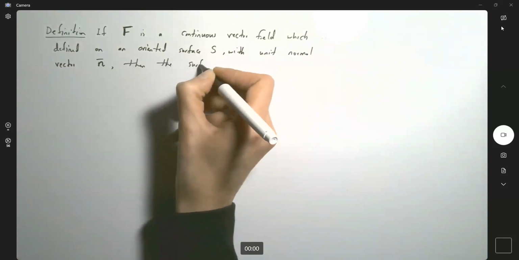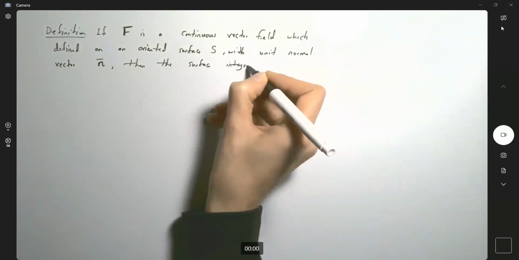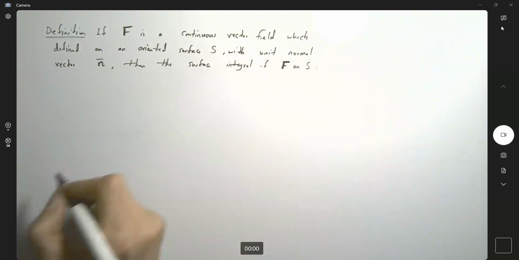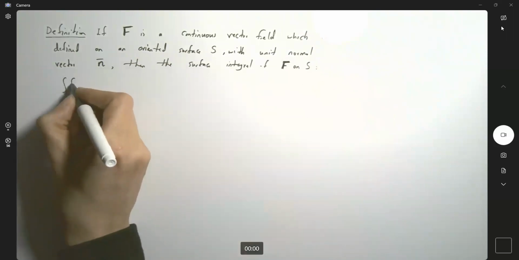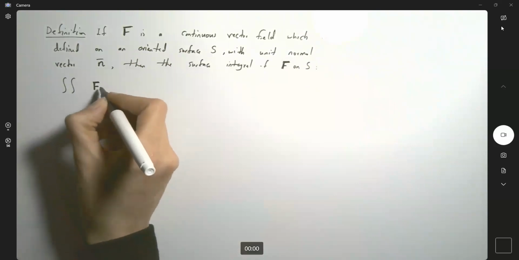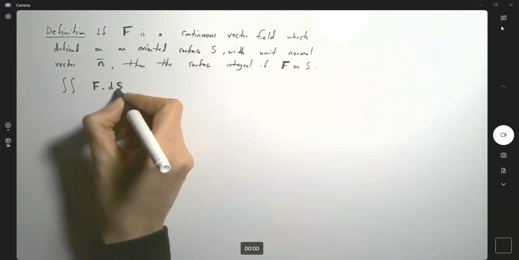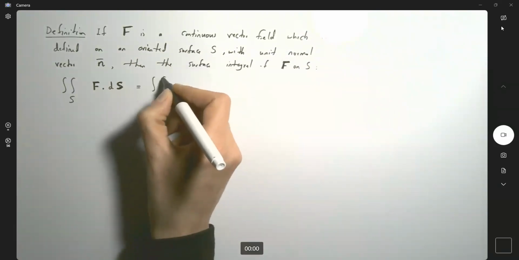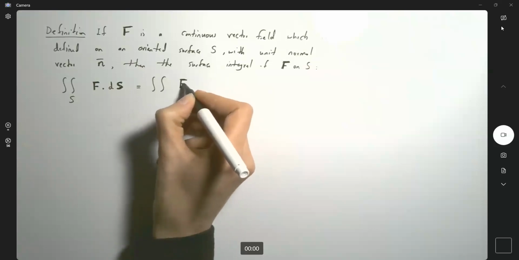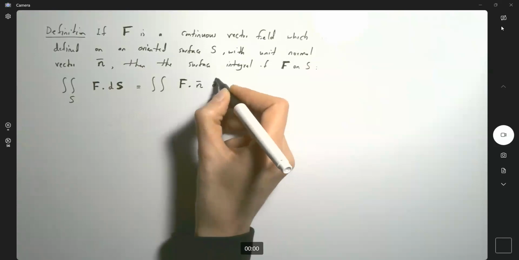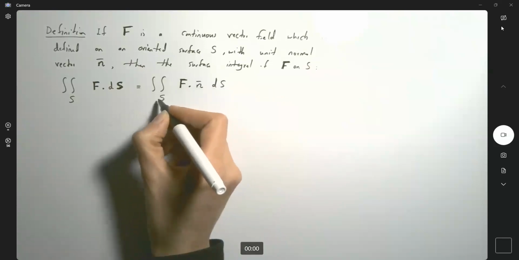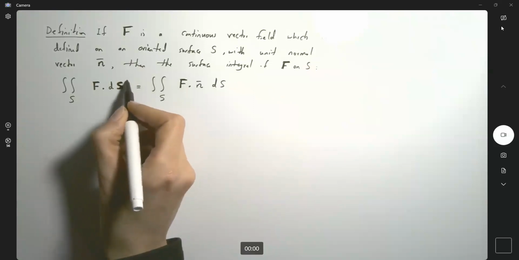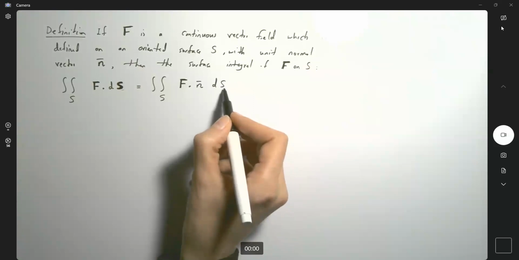The surface integral of F on S is the double integral of F dot dS over S, which can be written as the double integral of F dot N dS over S. Note that I'm bolding this letter S here, and this letter here is not bolded.